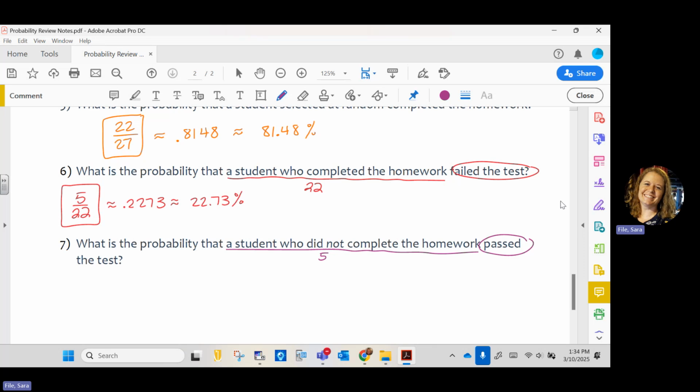So 2 out of 5 is our probability. If you divide 2 out of 5, that is an exact decimal, so I'm not going to use a squiggle. I'm going to use an equals sign: 0.4, which is 40%. So there's a 40% chance that a student who did not complete the homework passed the test.